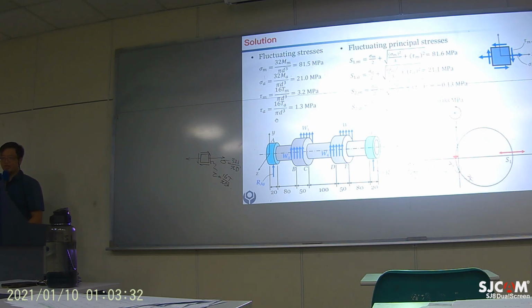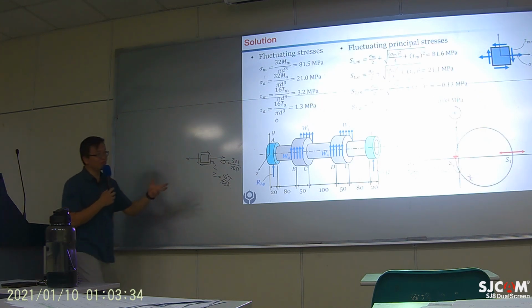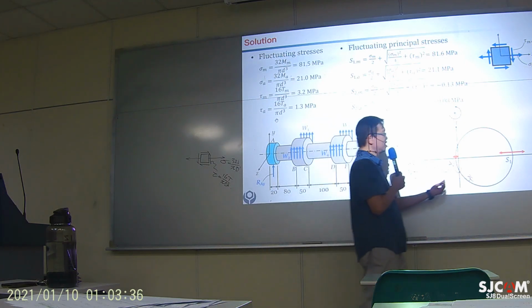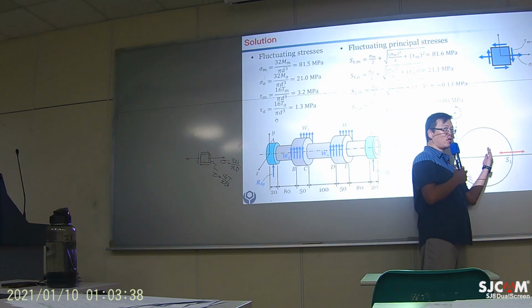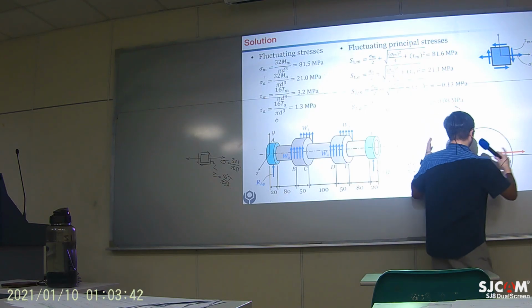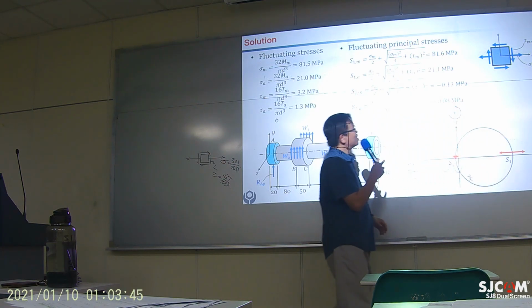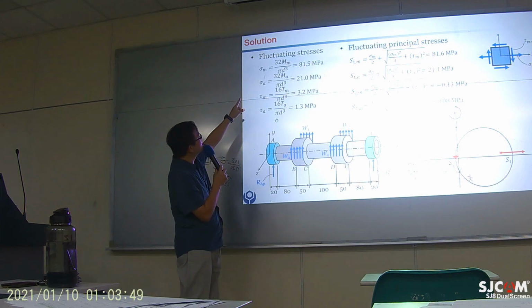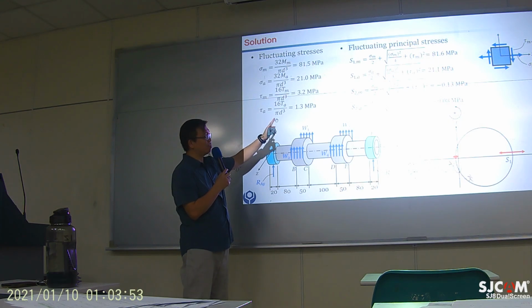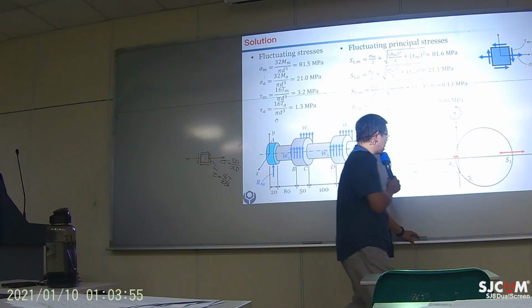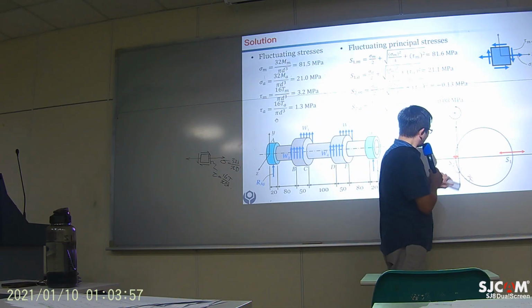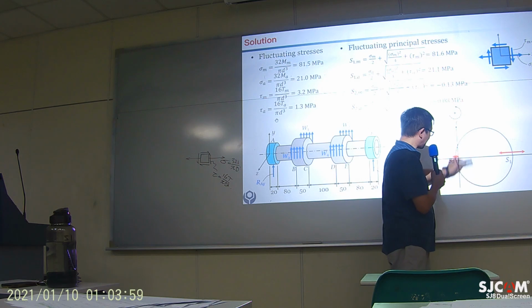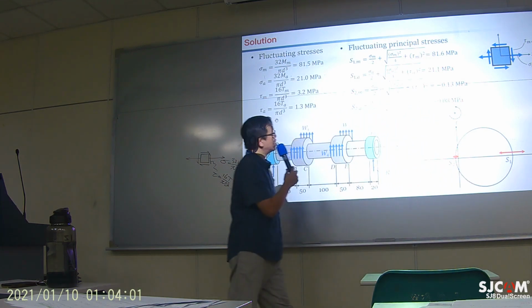And over here, if you observe the Mohr circle, the Mohr circle changes its shape. So you can realize the mean value of the first principal stress and the mean value of the second principal stress.